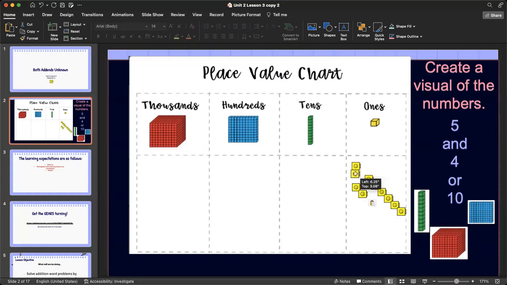Well, the thing is that these little ones cubes, if you stack them and put them all together, will make a thing called a 10 stick. You can make a 10 stick with ones cubes, but where does that 10 stick go once there's 10 ones cubes? Pause the video and talk to your learning coach about where the ones that make a 10 stick go.